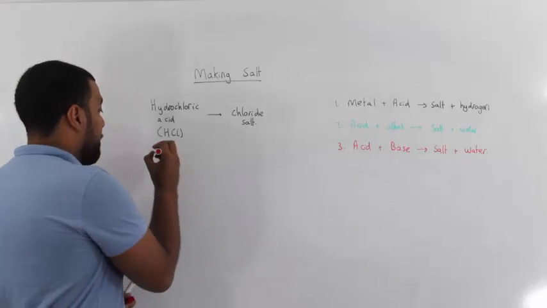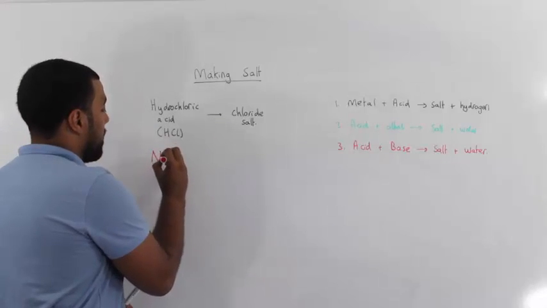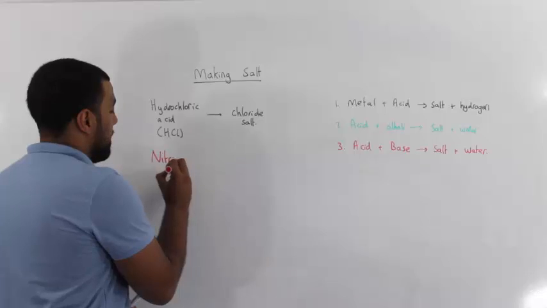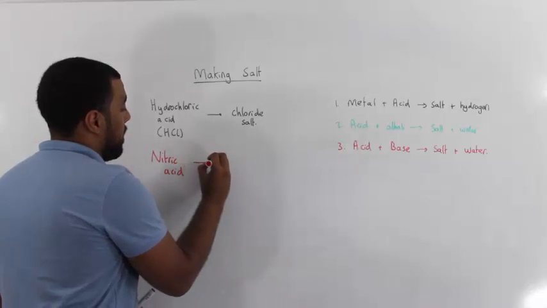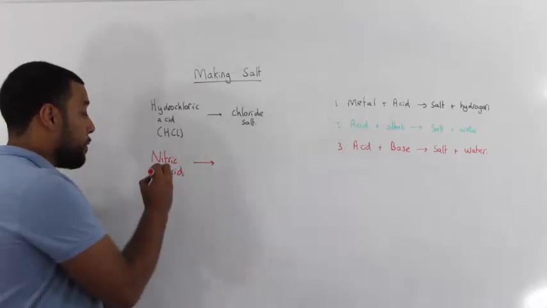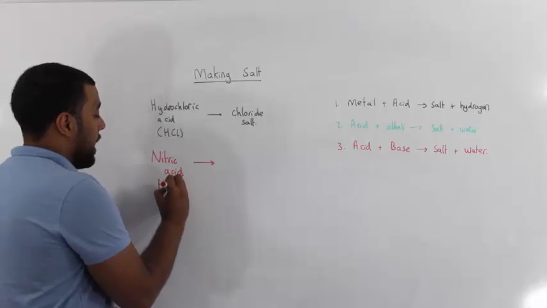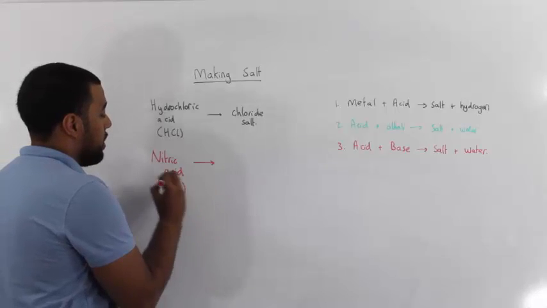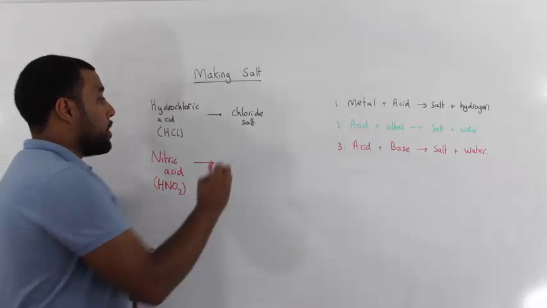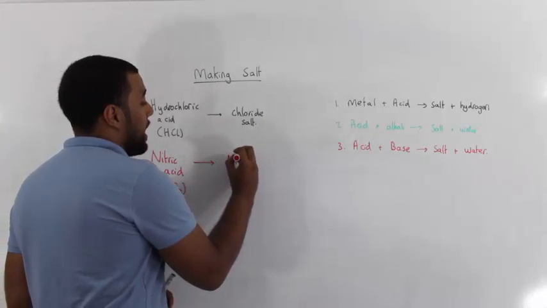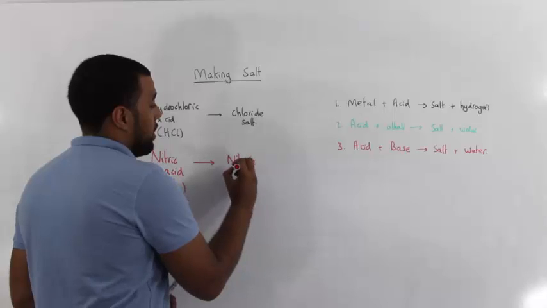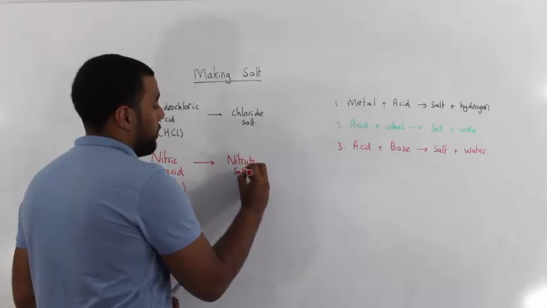We also have nitric acid. And nitric acid has the formula HNO3. And nitric acid produces nitrate salts.